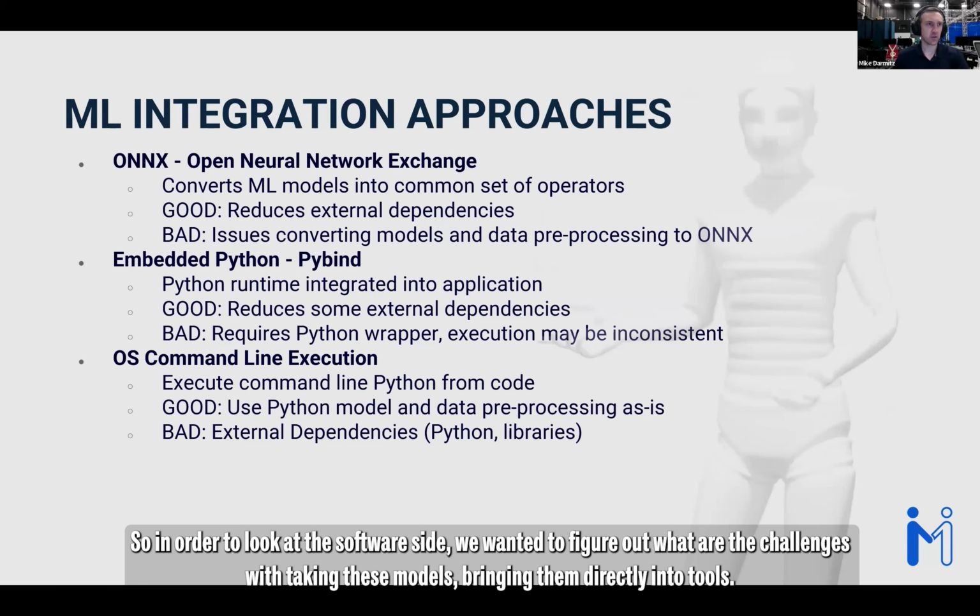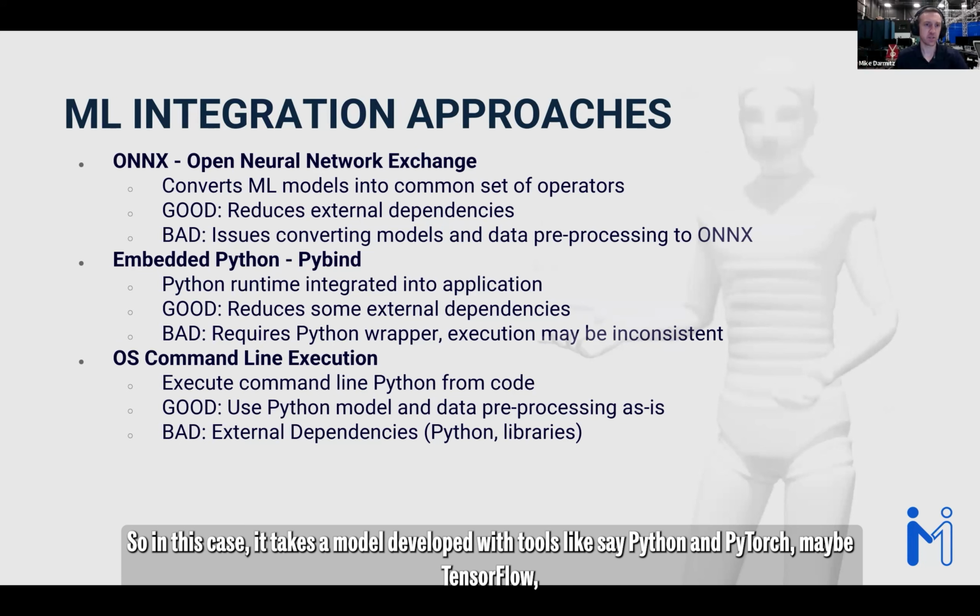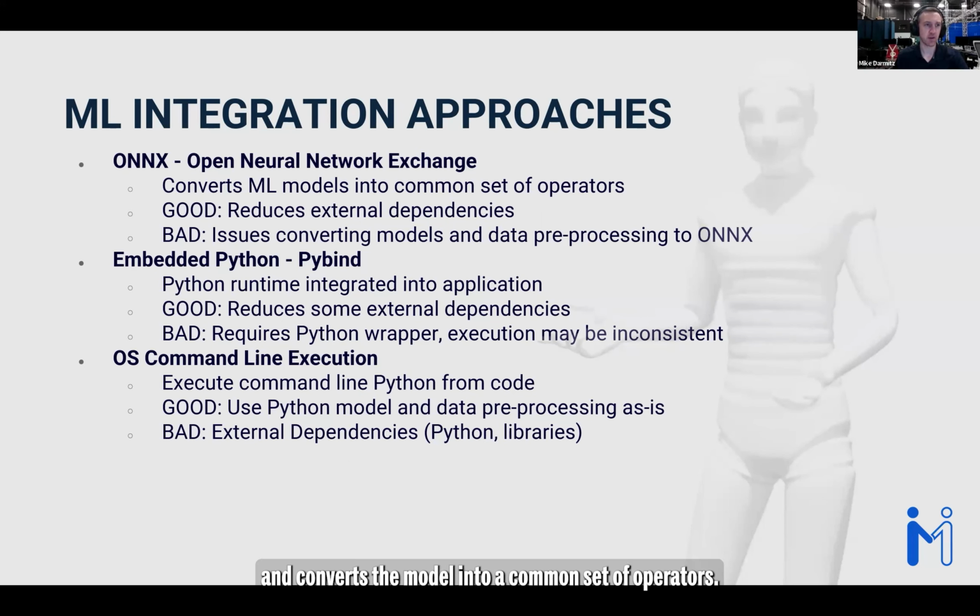So in order to look at the software side, we wanted to figure out what are the challenges with taking these models and bringing them directly into tools. And so we looked at a few different approaches to integrating models. One of the options was ONNX, or Open Neural Network Exchange. In this case, it takes a model developed with tools like, say, Python and PyTorch, maybe TensorFlow, and converts the model into a common set of operators.